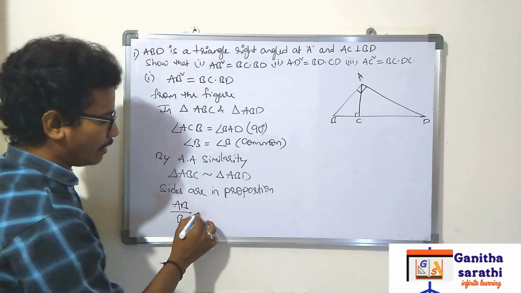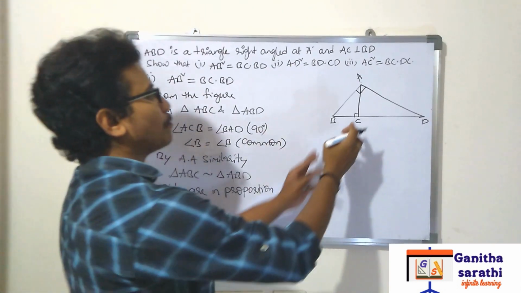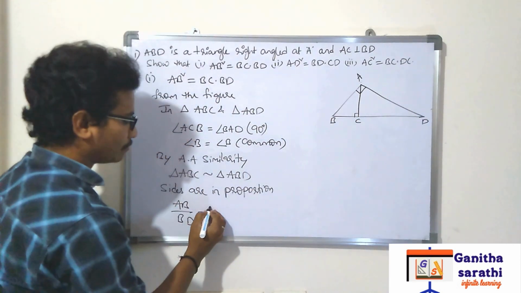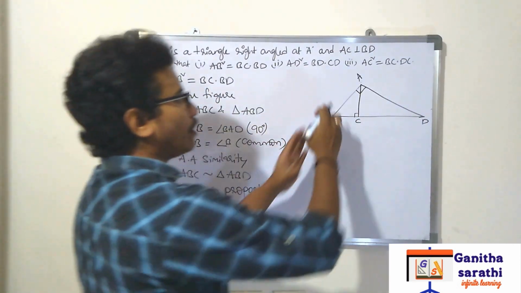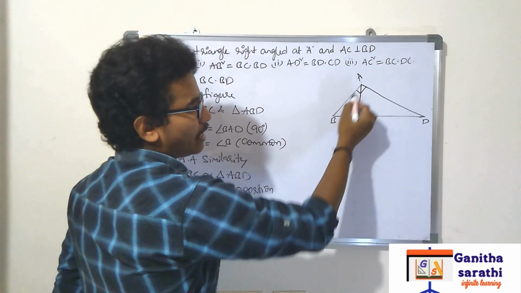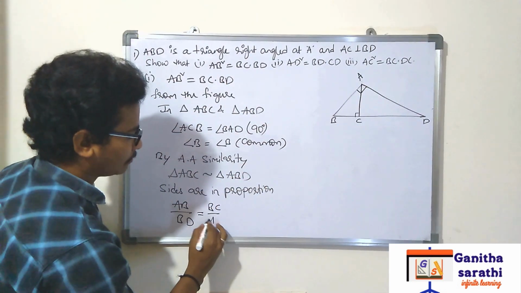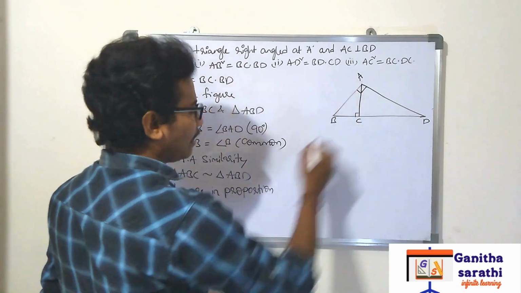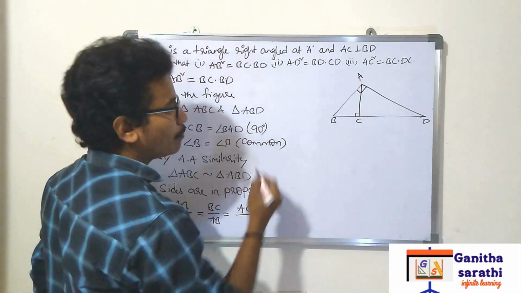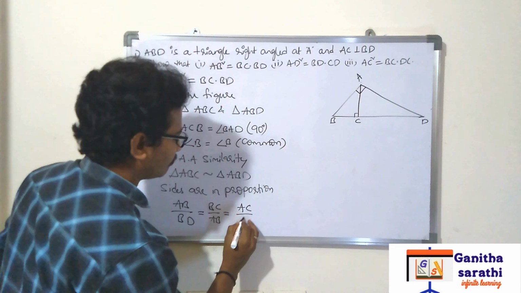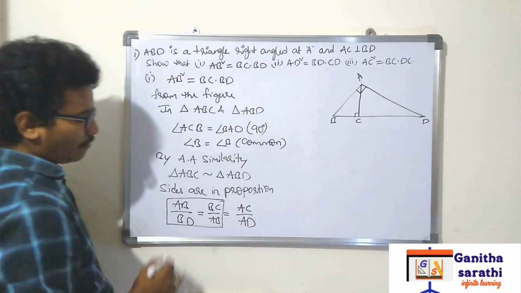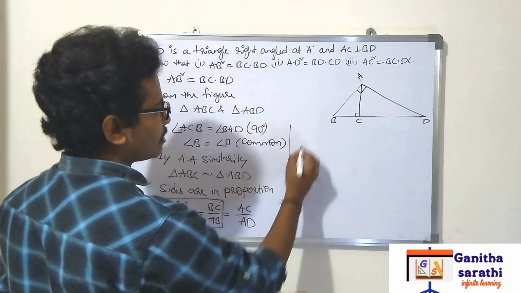AB by BD is equal to, in the small triangle, what is the shortest side? BC, right? In the big triangle, what is the shortest side? AB, right? Is equal to, what is the remaining side now in the small triangle? AC. In the big triangle, what is the remaining? AD. So from these, we don't want the third one.